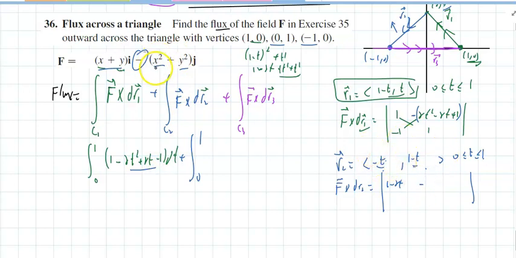If I put a negative, that would be, let's see. I'm trying to figure out what that is. Negative, that's t squared plus, if I square this, that is 1 minus 2t plus t squared.